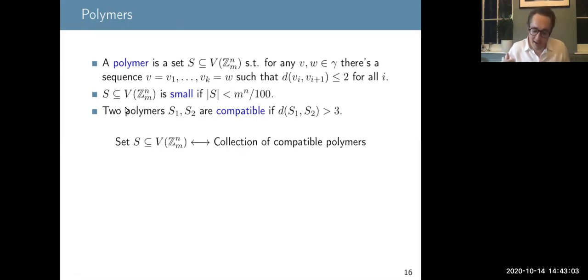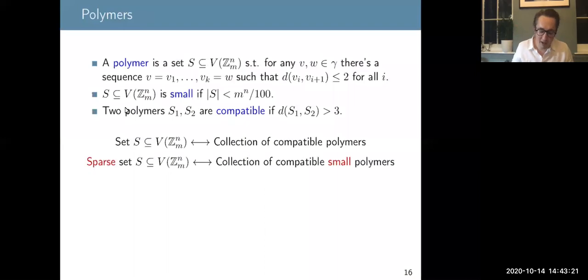So notice that any set S will decompose into some collection of compatible polymers. I just decompose G squared induced on S into its connected components. So just think of S as breaking up into these connected pieces. And I'll call a set sparse if all of the polymers that comprise S are small. So that's what I mean by a sparse set in the previous slide.